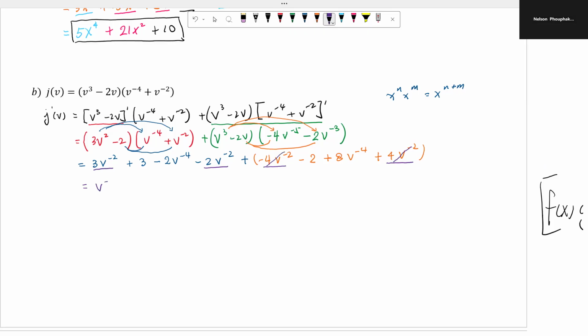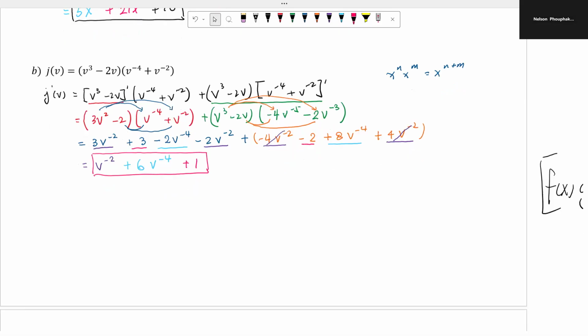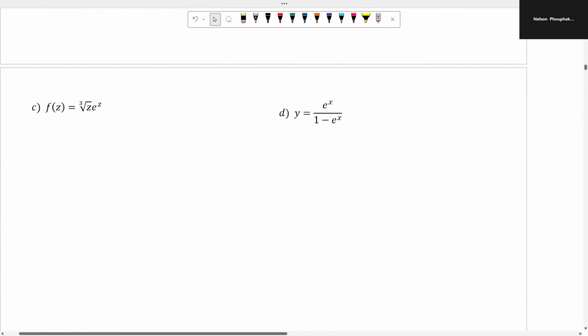Then I will have v to the negative 2, so I will add 6 v to the negative 4 plus 1. Okay, so then this is the idea. And now let us look at our next example now.